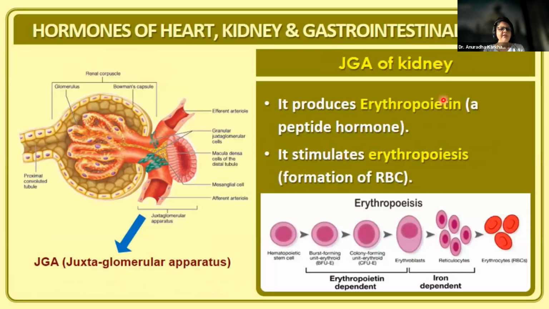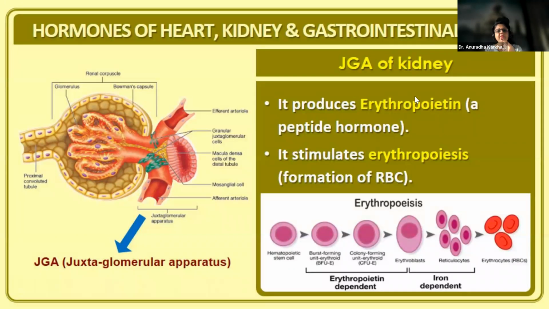JJ, come on. Juxtaglomerular apparatus. It produces the hormone erythropoietin. It stimulates erythropoiesis, meaning formation of RBCs. So see, formation of RBCs is being done by three hormones. We are reading this for the third time.